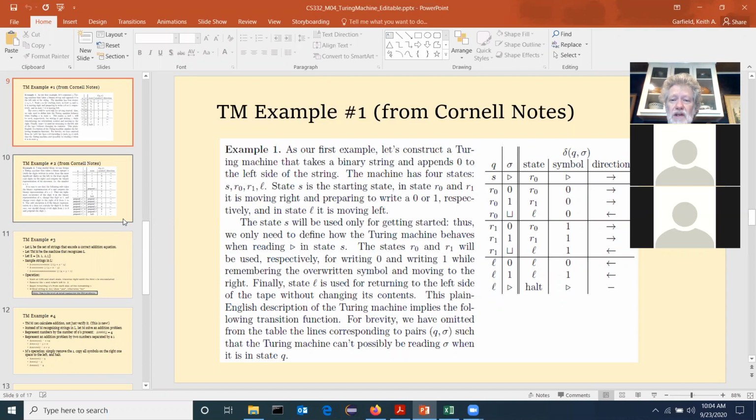At the very end, when they reach the big square cup, the right-hand end of string marker, they do not carry on and rewrite that on the right end of the string. They just leave the string open at the end.